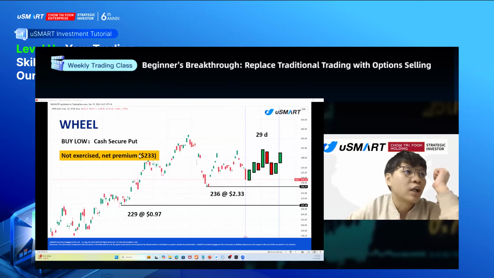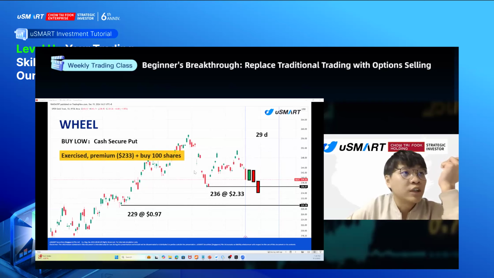So if this is not exercised, I get the net premium and I didn't get into any position because it doesn't drop below and I'm not able to buy 100 shares at this level. If it did drop below 236, I will get exercised and I'm able to buy 100 shares instead. So in this case, if I get exercised, I get the premium upfront and I'm able to buy 100 shares.